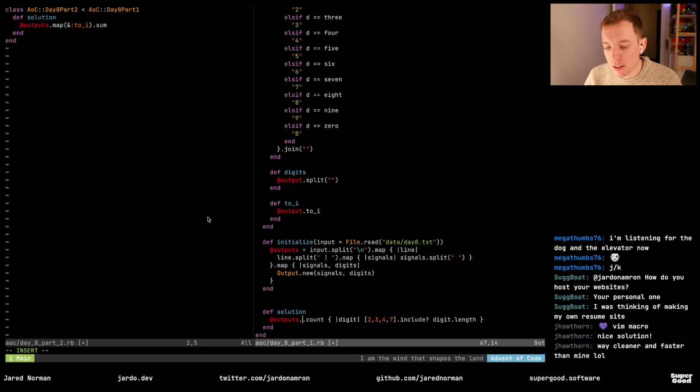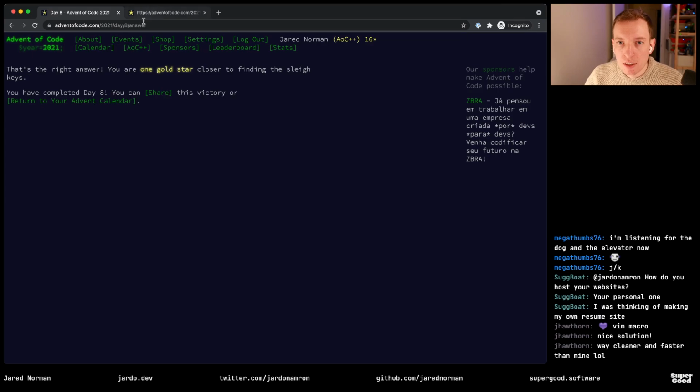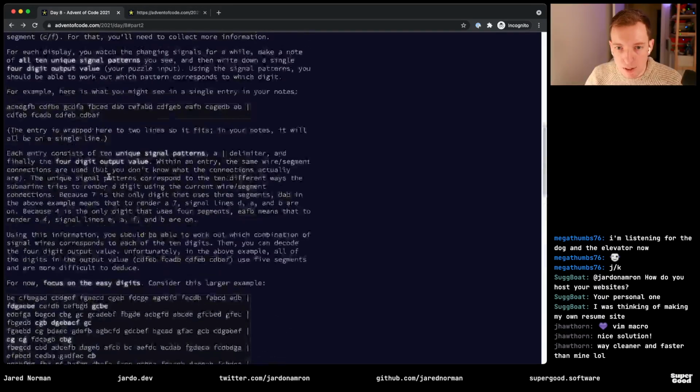So we're just counting the occurrences. So we can flat map our outputs to their digits, and then there'll be literal digits now. So let's just go back to the puzzle.